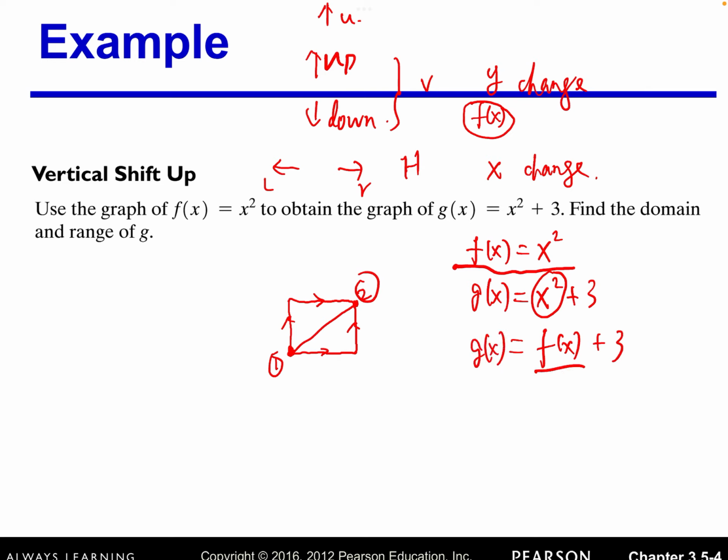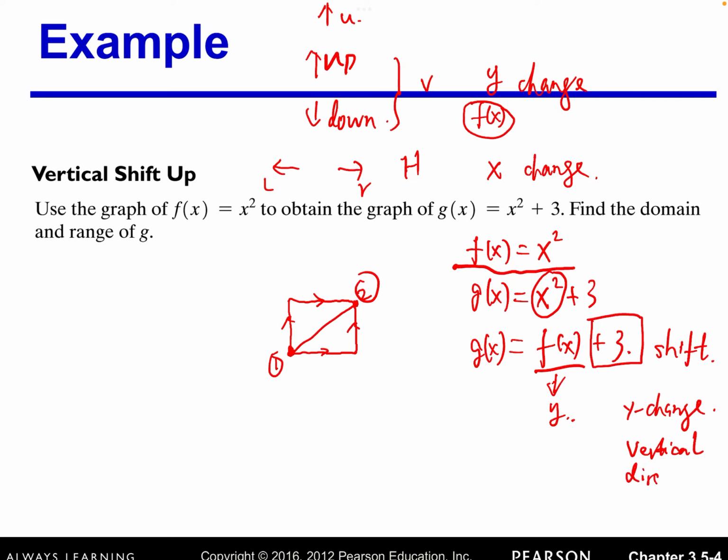So what is f of x? f of x is y. So that's why it's y plus 3, a y change. First of all, plus or minus, we know the transformation is a shift. And y plus 3 is a y change, which means it is in the vertical direction.